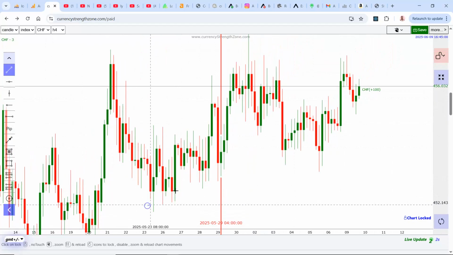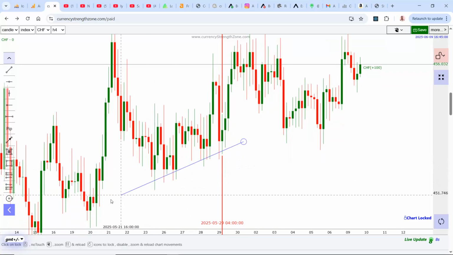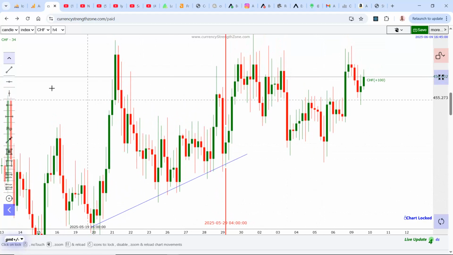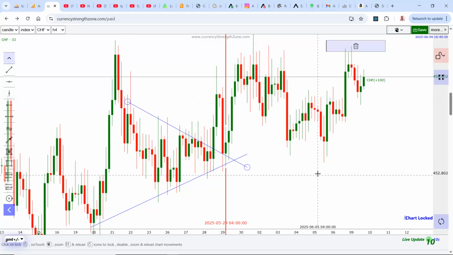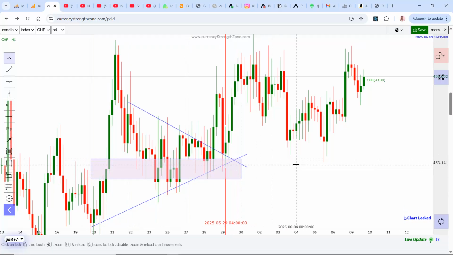So let's draw the trend line, having a bullish trend line. You can have some break and retest over here. You can have some support and resistance zone over here.